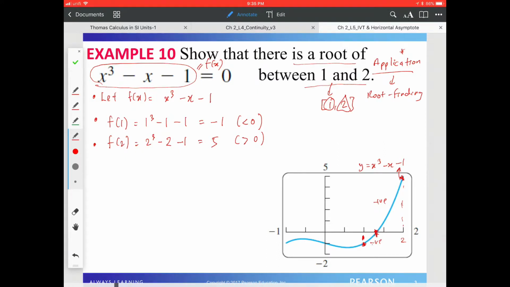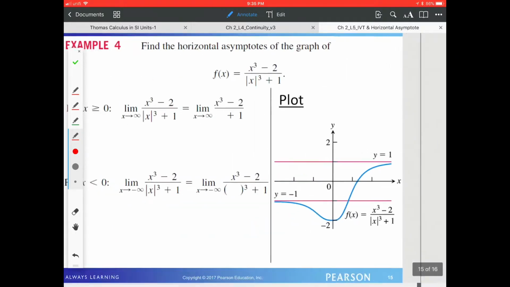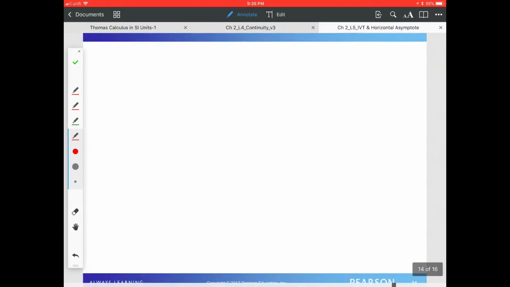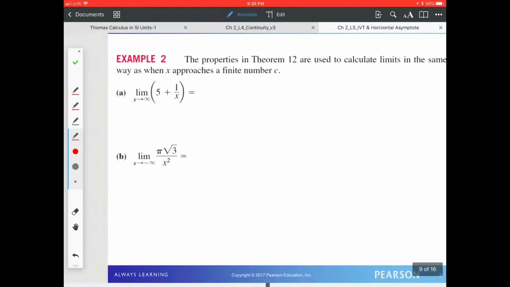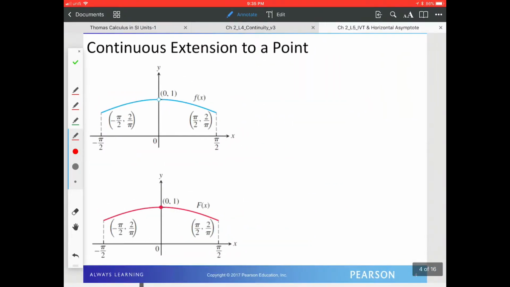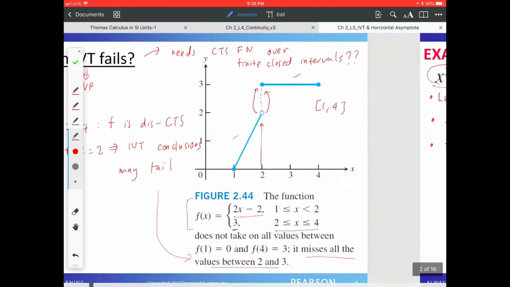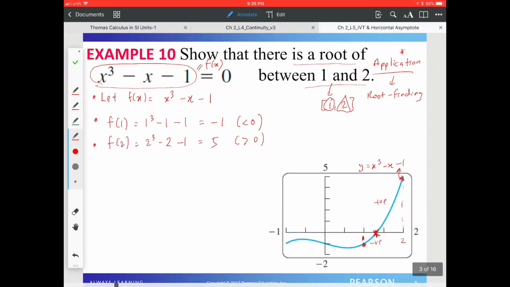It will cross the x-axis at this location.